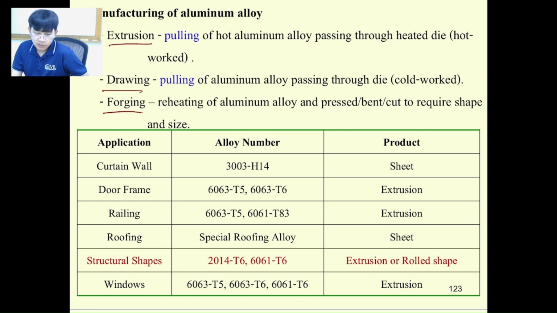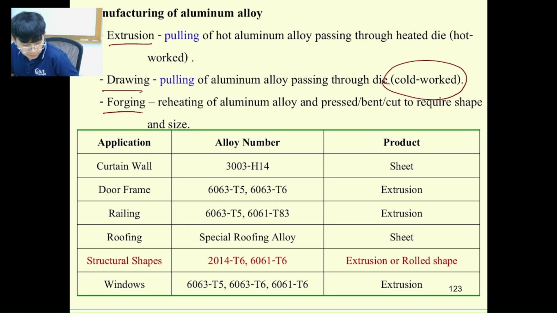For drawing, we use material that is already cold, and then we pull it. This process is called drawing, or cold work. The third one is forging. This one we reheat from drawing, and then we bend it into any shape that you like.